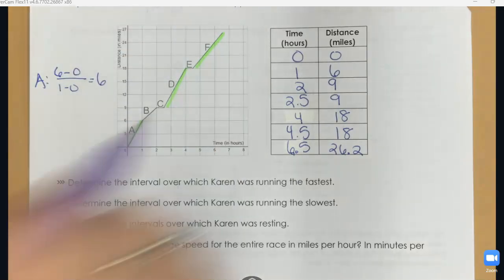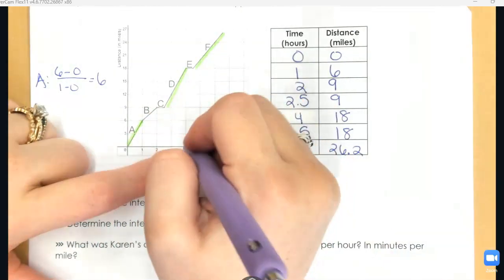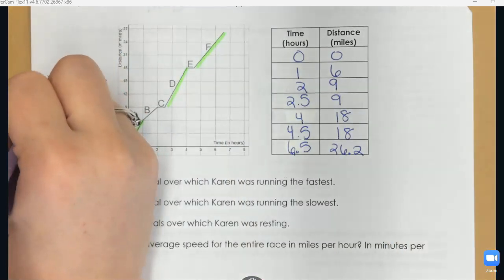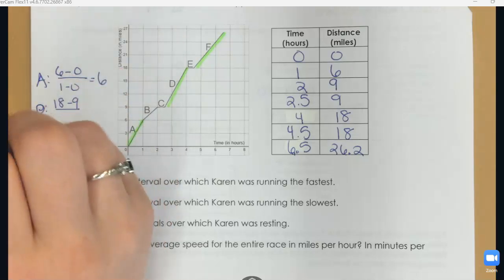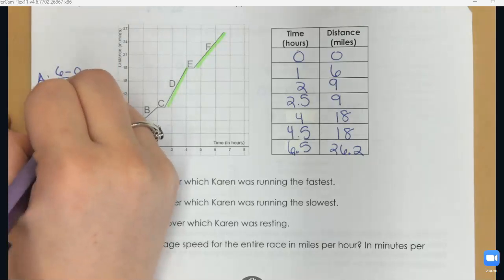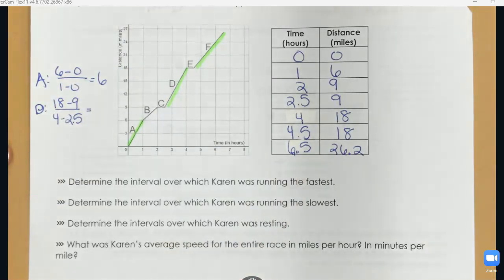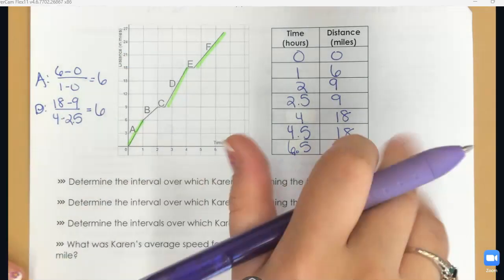Looking at interval D, we are ending at 4, 18, so that's going to be 18 minus 9 over 4 minus 2.5, and that is 9 over 1.5, which is also 6. So those actually have the same slope.